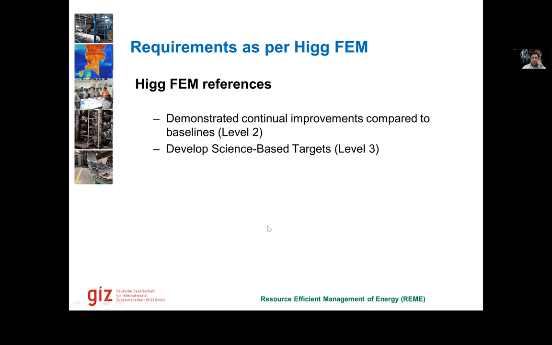In HIG FEM, in level 2, it requires companies to demonstrate continual improvements compared to the baselines. So every year, they have to show that at least in one of the baselines, they have shown an improvement compared to the previous year.